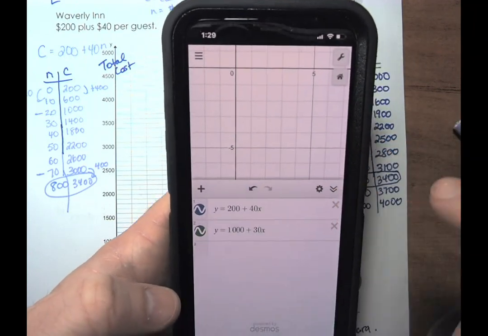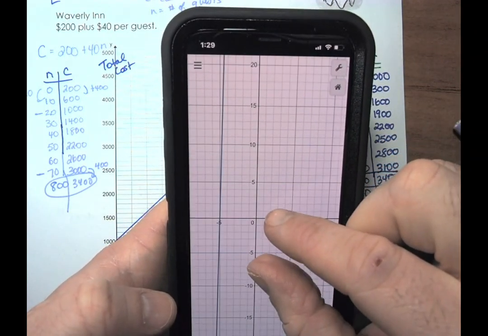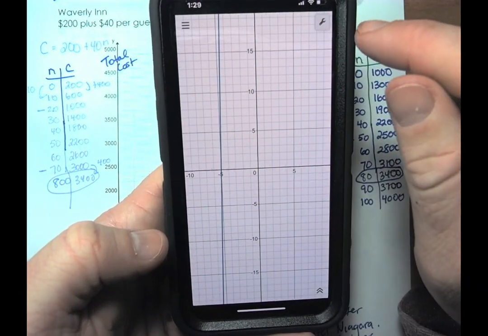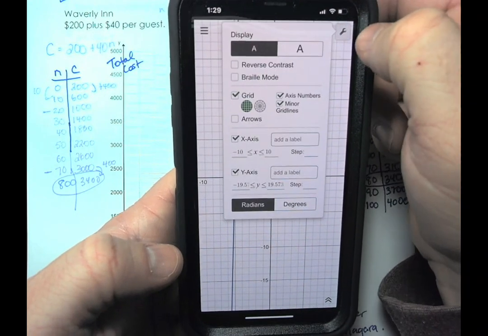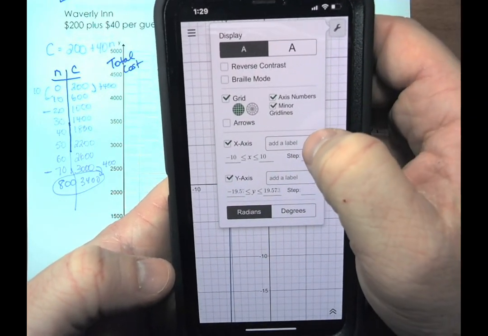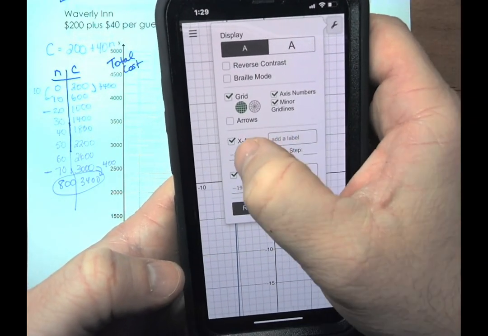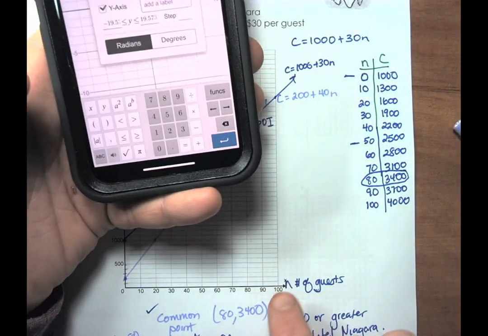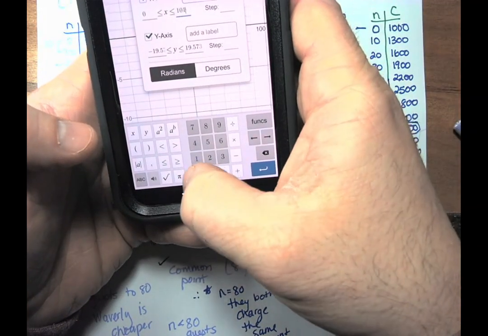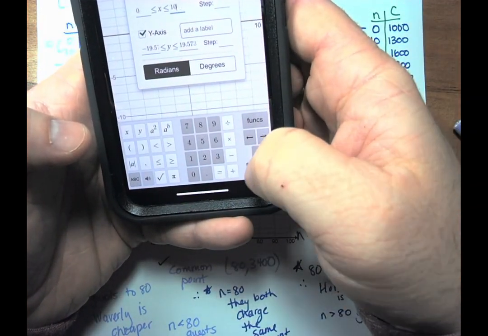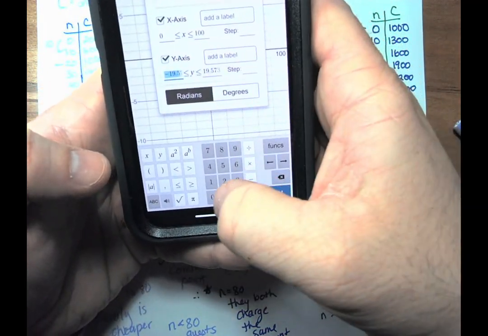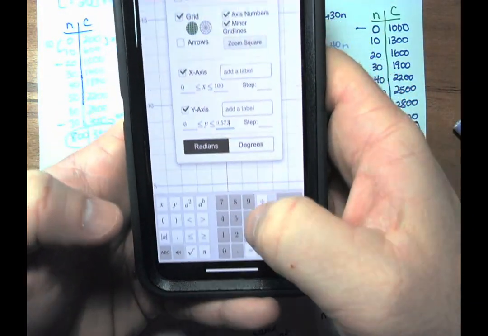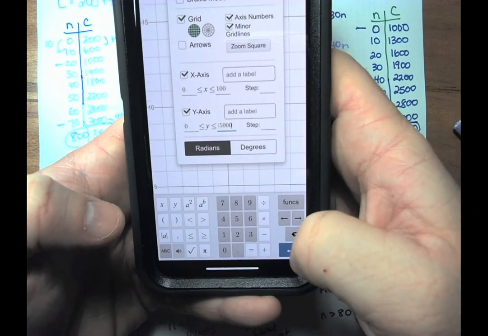All right, and if I look at this, it's hard to see, right? One of the things is you can go to your home setting, or where the wrench is, and you can change the scale. So let's say it's from 0 to, on the x-axis we said 100, and on the y-axis we went from 0 to 5,000.